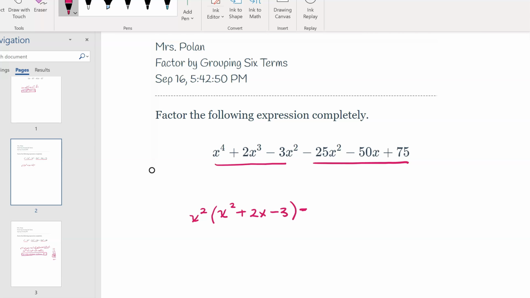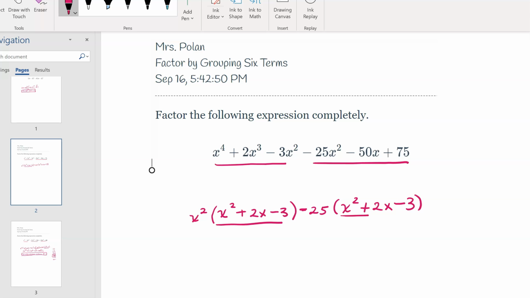But I know that 25 is a factor of 25, 50, and 75, so I'm going to factor that out. And when I do that, I get x squared, negative 25x squared divided by negative 25 is x squared. Negative 50 divided by negative 25 is positive 2x. And finally, 75 divided by negative 25 is negative 3.